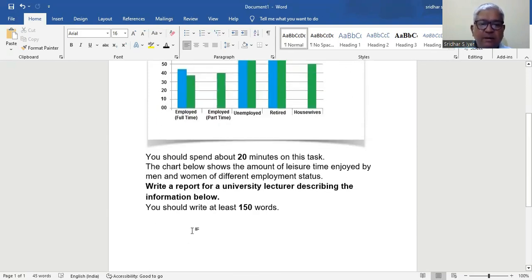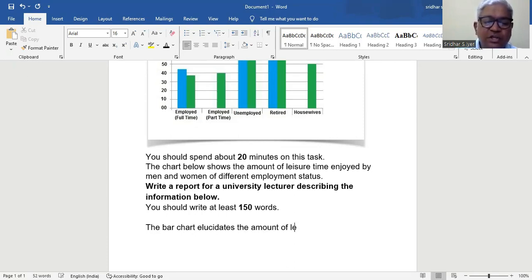So let's get started. Always start by saying the bar chart illustrates, elucidates, describes the amount of leisure time enjoyed by people of different job types.